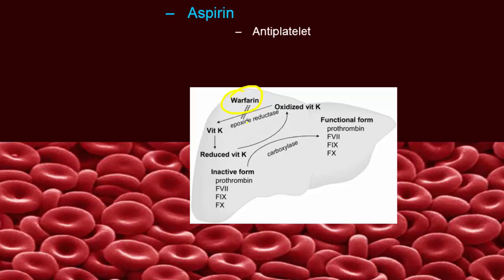In order for us to produce the functional form of these 4 clotting factors, we need to oxidize vitamin K. So reduced vitamin K will become oxidized, and that helps us form the active form of these 4 clotting factors.